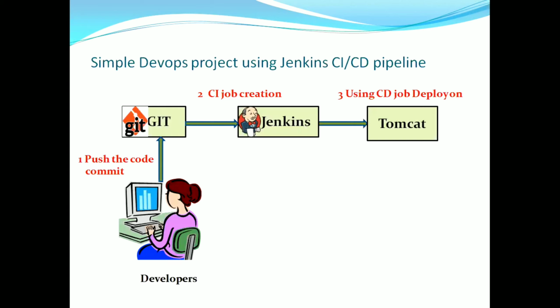First of all, we'll push the code to the Git repository. Whatever the updated code in the Git repository, using the Jenkins CI job, it will fetch the code from Git, and then it will run a test job. This test job will create an executable file.